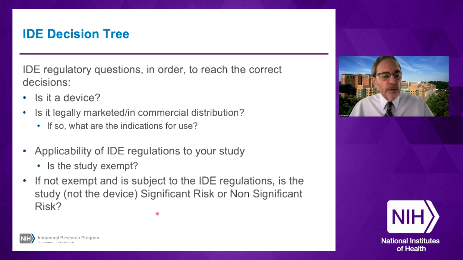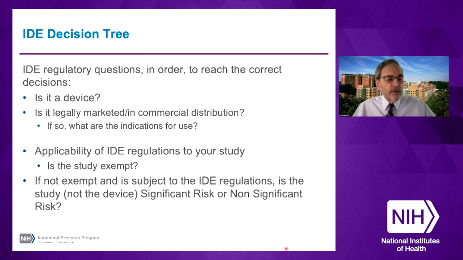So there's a decision tree, these regulatory questions that you need to go through in order to reach the correct decision about how to apply the IDE regulations to your study. First of all, is it a device? And we've talked about that. If it's not a device, then you're done with this decision tree.